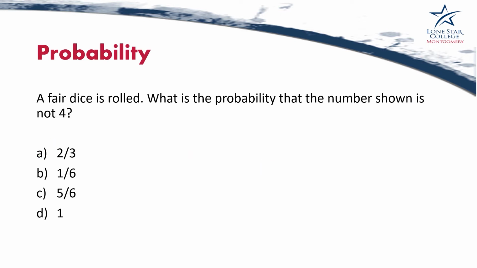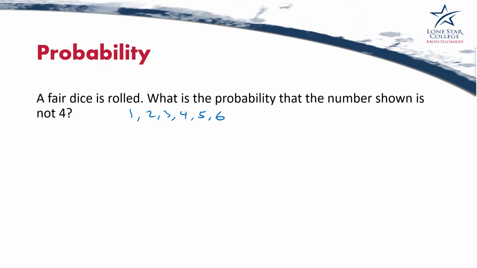Now, some probability questions. A fair dice is rolled. What's the probability the number shown is not 4? You want to consider your dice. You know a normal dice has 6 sides, numbered 1 through 6.